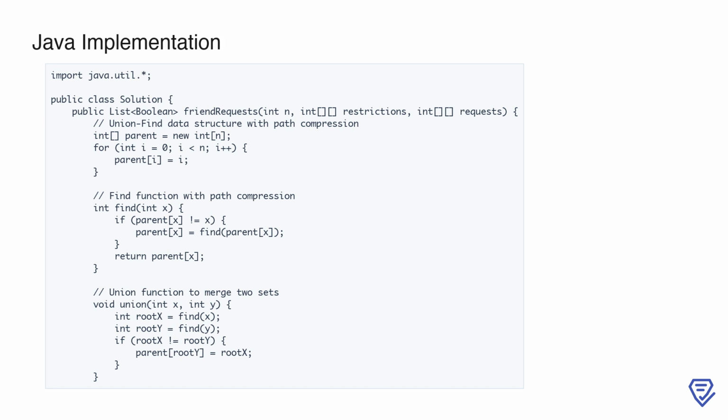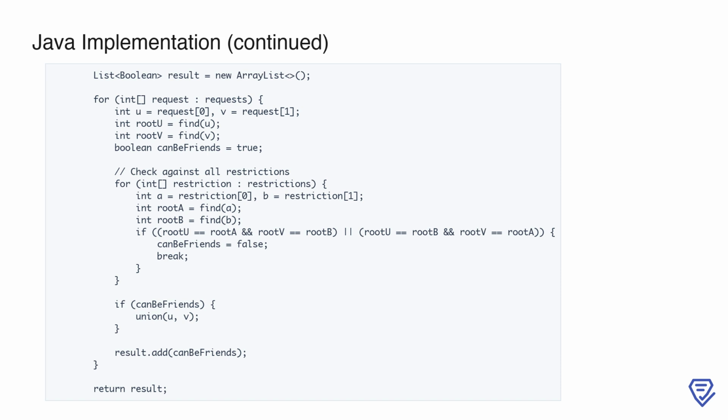Path compression ensures that during traversal, all nodes in the path directly point to the root, reducing the lookup time for future operations. Finally, we have the union function, which merges the groups of two nodes by linking their roots. If the roots of the two nodes are different, we set the root of one to point to the root of the other, effectively combining the two sets into one.